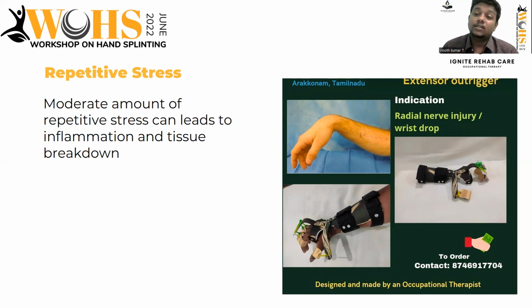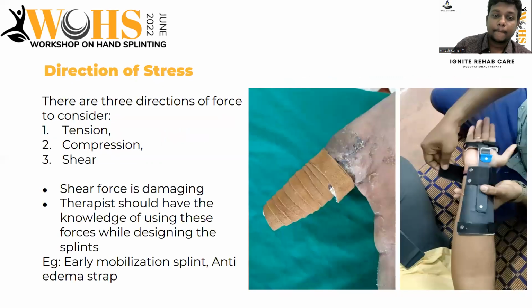There is even a possibility it may create inflammation. So try to avoid this repetitive stress, especially in dynamic splints, so that tissue damage can be avoided. It may lead to inflammation and tissue breakdown, as it is said.